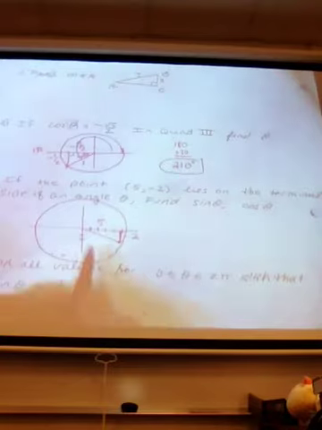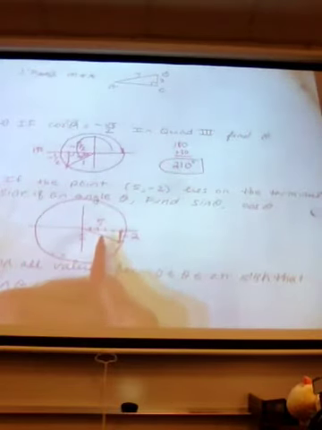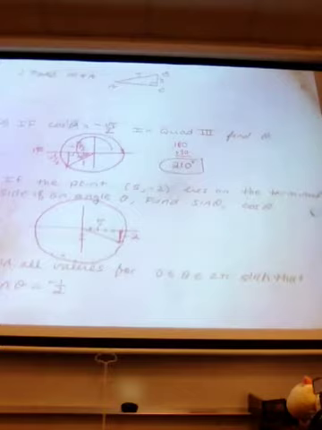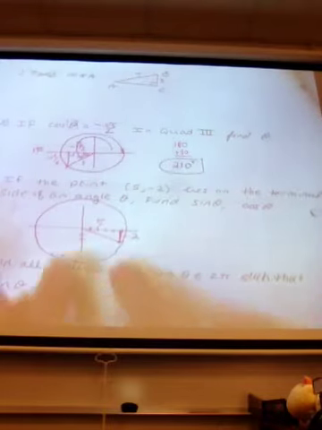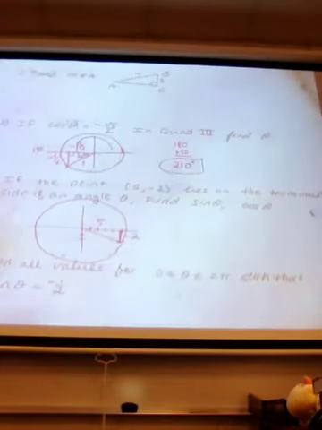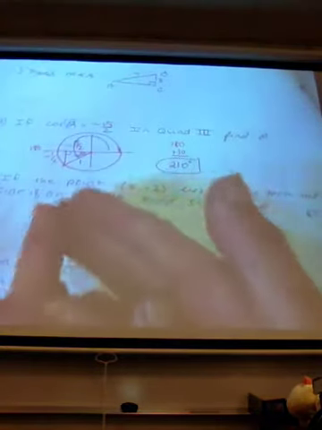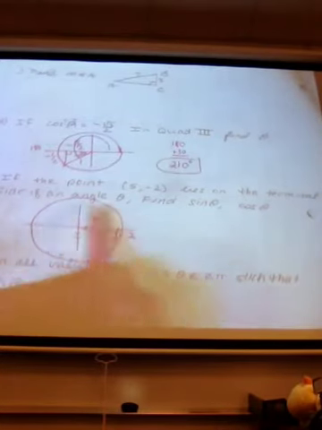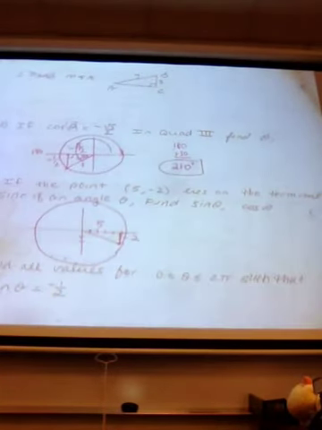Okay. Is this a 30, 60, 90? No, it doesn't have any of the relationships of half or multiplying by radical 3, does it? Can I find the height? This isn't necessarily a unit circle, so it's not going to be 30, 60, or 45 for my reference angle. But all I have to do is find the sine and cosine.